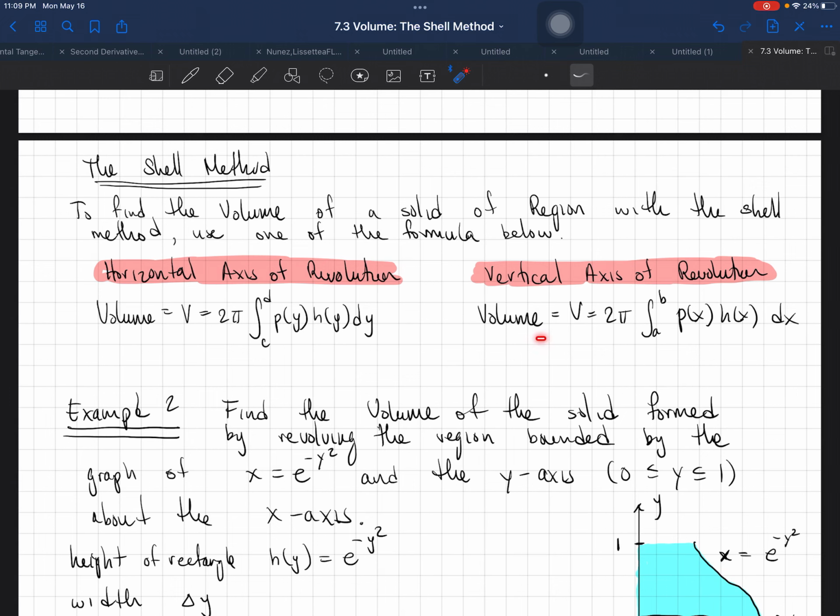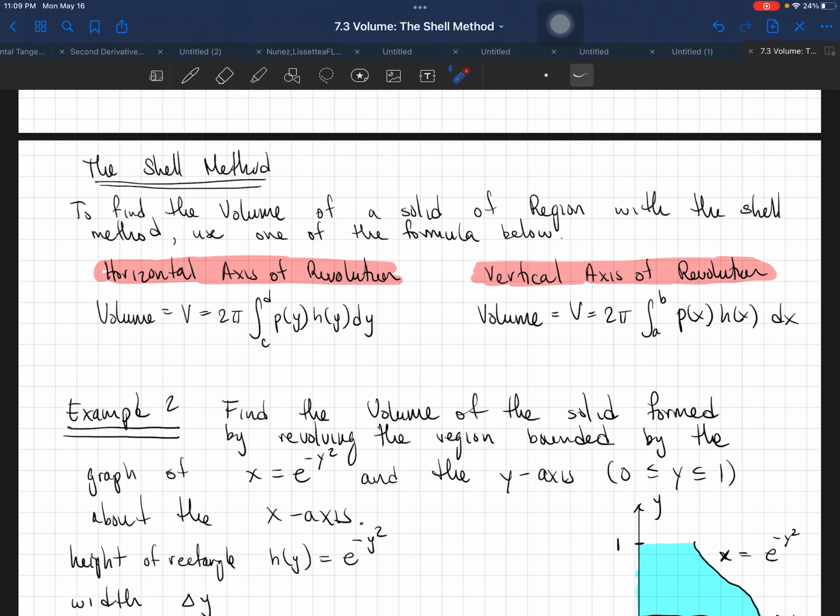Versus, as we mentioned before, the vertical axis of rotation. Again, this will be whenever you have the rotation happening on the y-axis, or on some vertical axis of rotation. Why am I going out of my way to say that you may not have an axis of rotation in the y-axis?